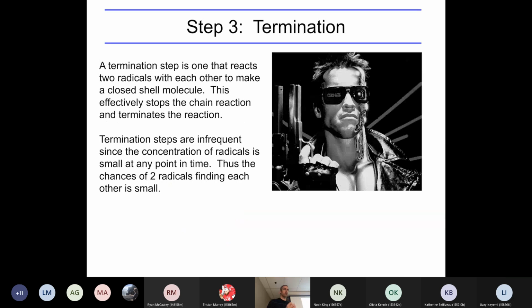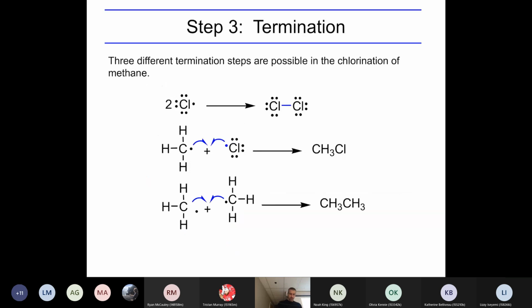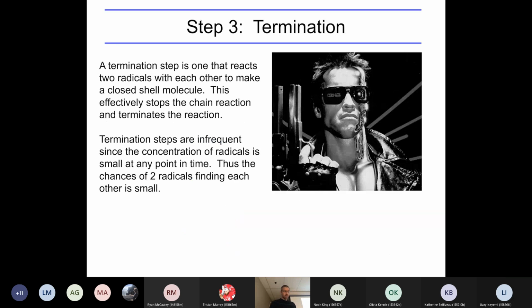That's a way you can stop a chain reaction. Remember, though, that these radicals are intermediates. The concentration of radicals at any moment in time in one of these reactions is extremely small. They're not long-lived. The chances of 2 radicals colliding with each other is very small.